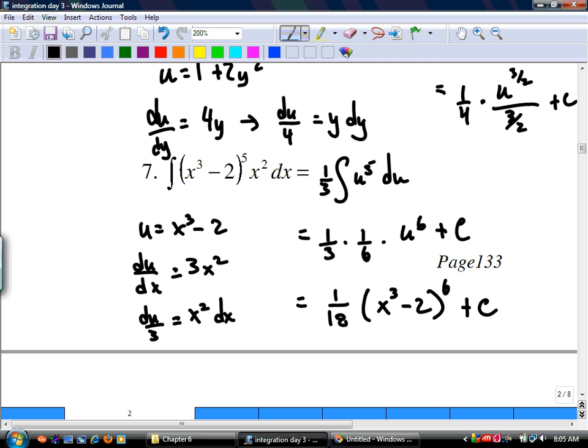Now, you guys do know how to check and make sure that you're doing this right, huh? Take the derivative of this. You should get what you have for your original question. If you have time, that's a good strategy. Take all your antiderivatives, finish the test, go back and take the derivatives, each of them, and make sure that it's working.